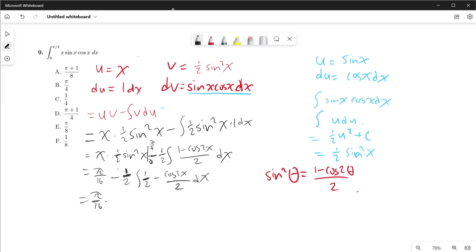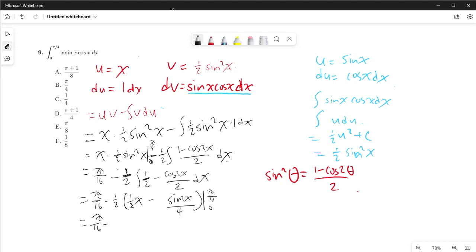And then 1/2 of this will be just 1/2 x, and then minus sine 2x. And then remember the chain rule, the half will be sine 2x over 4. And then all of this is evaluated from pi over 4 to 0.